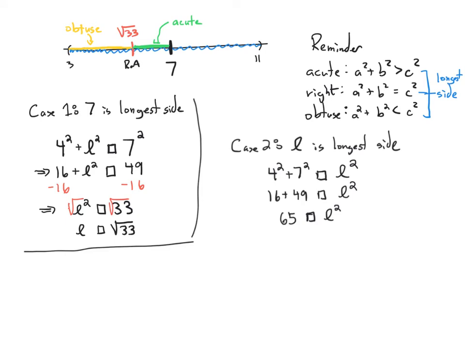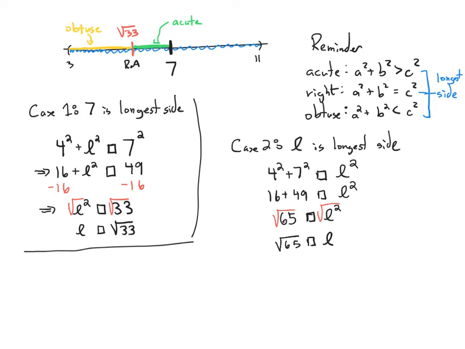And now let's just take the square root of both sides. And we get that square root 65 we're comparing to L.